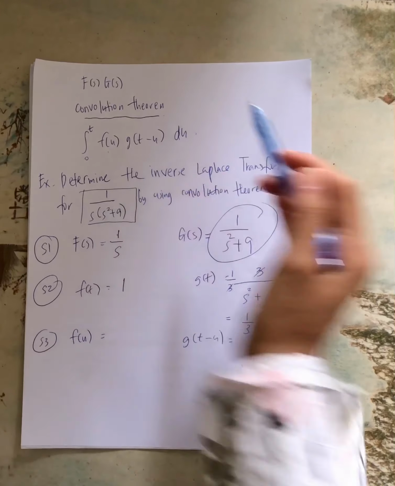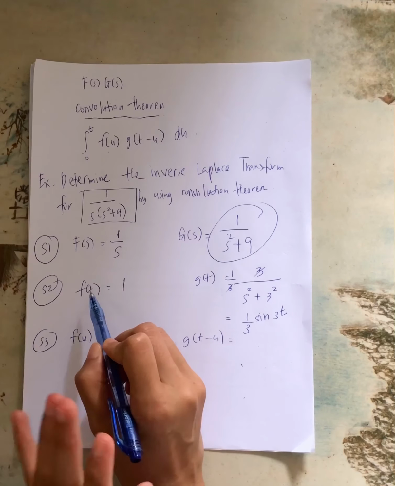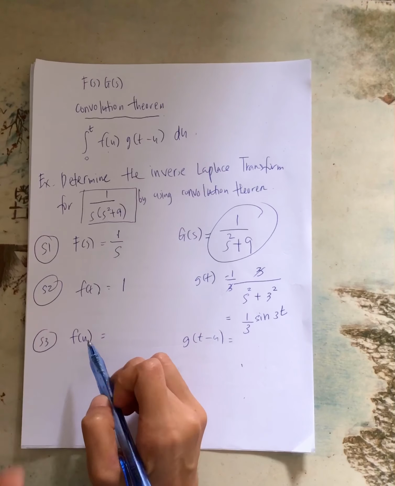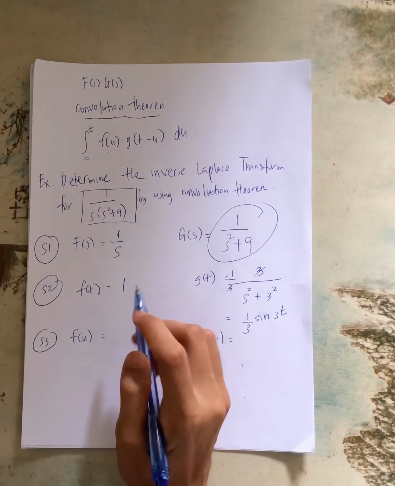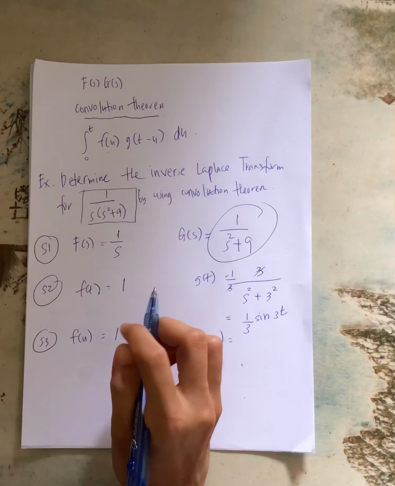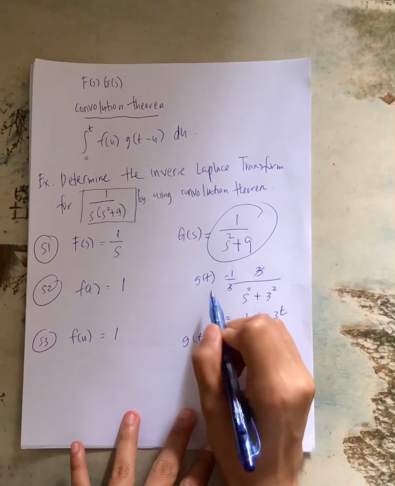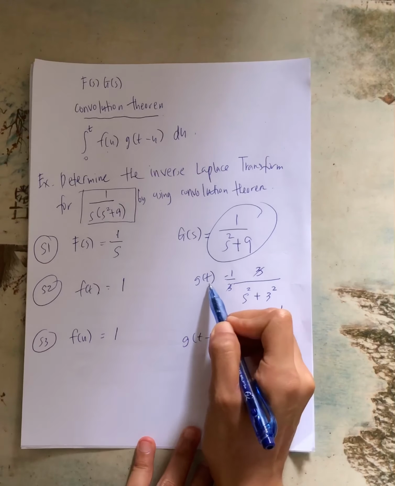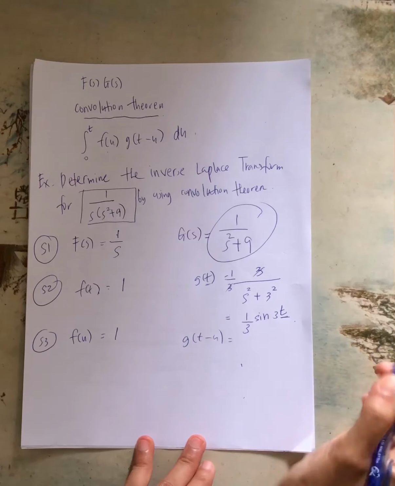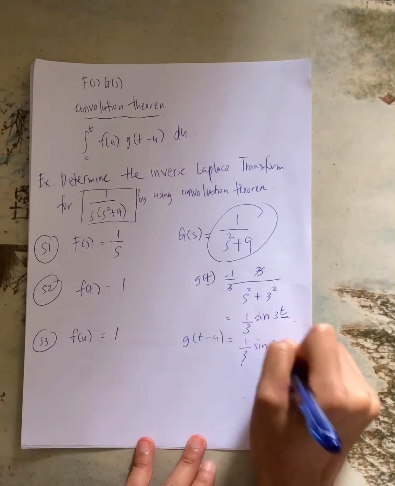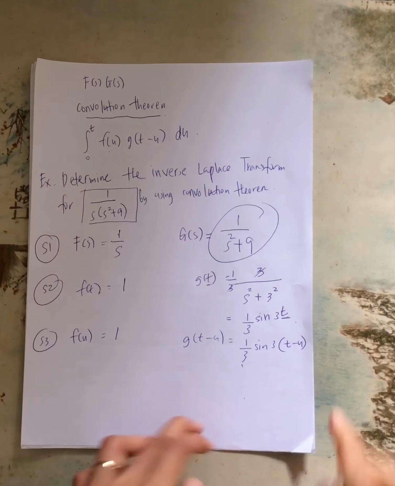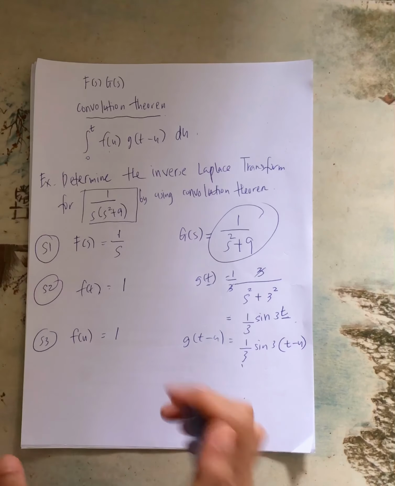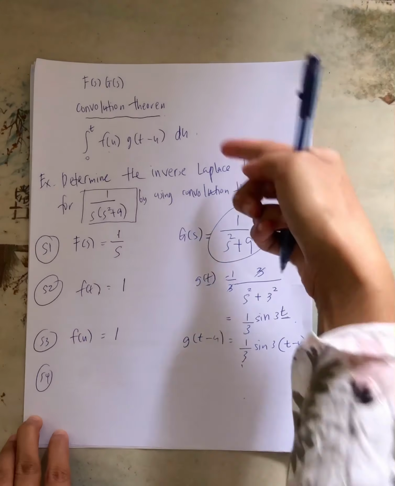Here is your f(t), and t represents the variable involved, so now it changes to u. Since this is a constant, there are no changes you can make; a constant remains a constant. For g(t), which is 1 over 3 sine 3t, t now becomes t minus u, so it becomes 1 over 3 sine 3(t minus u). Clear?